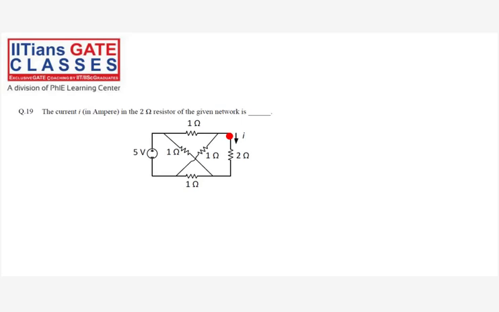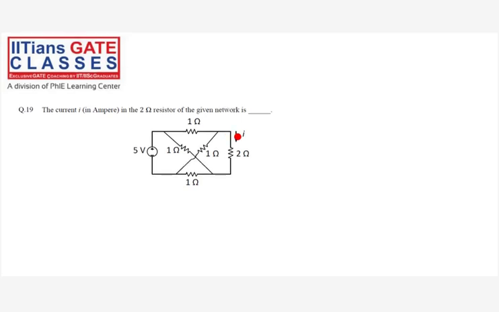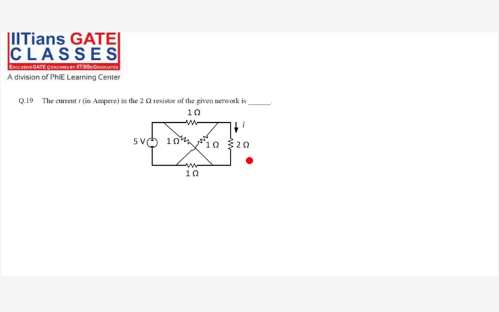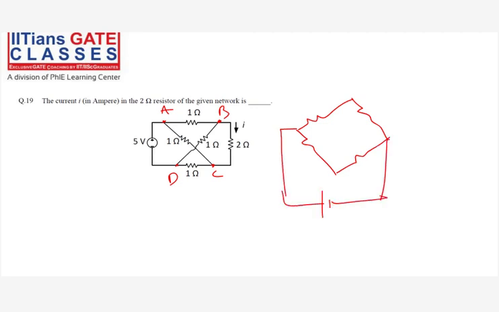If I say A, B, C, D, I'm drawing it. This is my 5-volt source. A to D is 2 ohms, A to C is 1 ohm, D to B is 1 ohm, D to C is 1 ohm, and this is 2 ohms between B and C. So this is a balanced Wheatstone bridge.